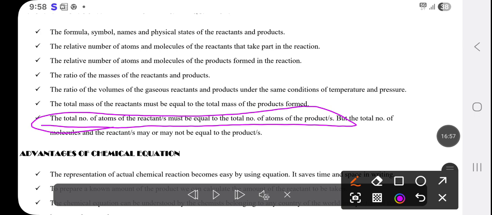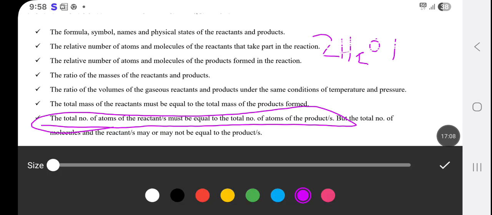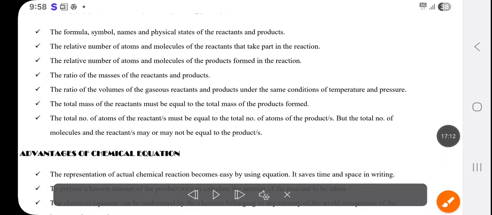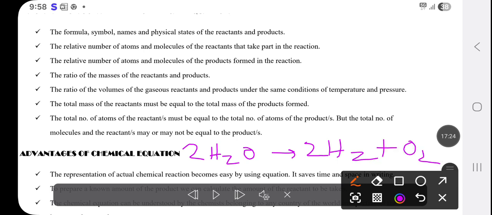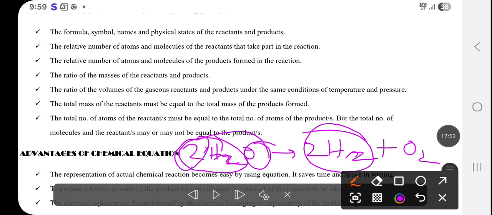Like if we write here that 2H2O gives out 2H2 plus O2, then if we count, there are two, and the coefficient is multiplied with each and every element. 2H2 means 4H. 2O, that is O2.